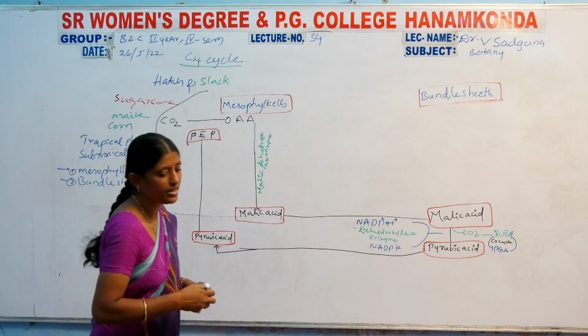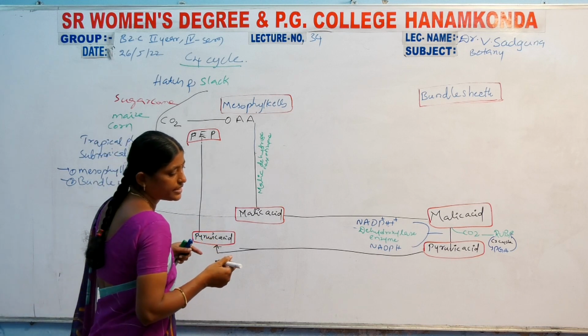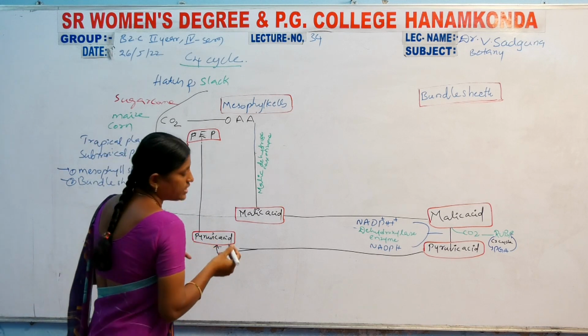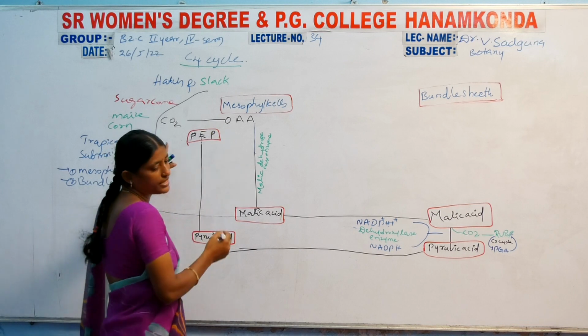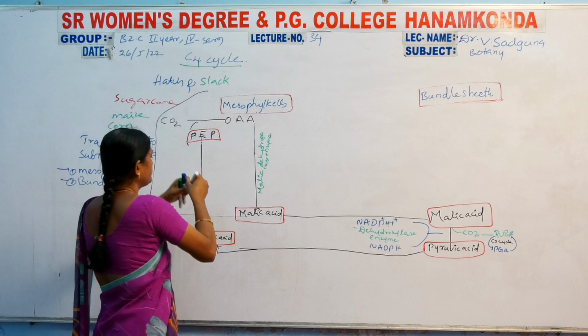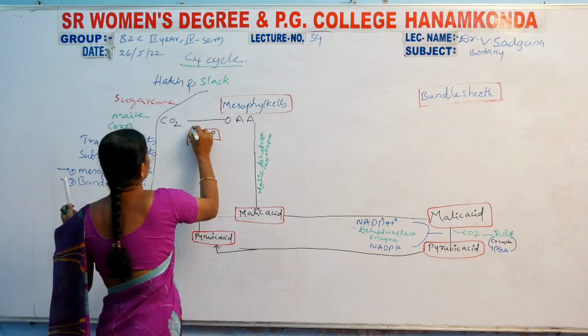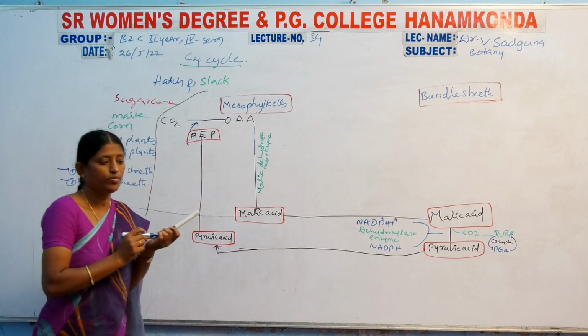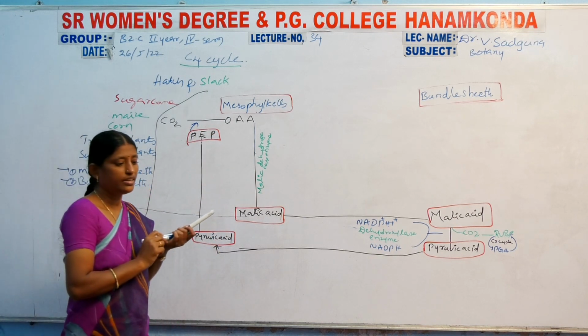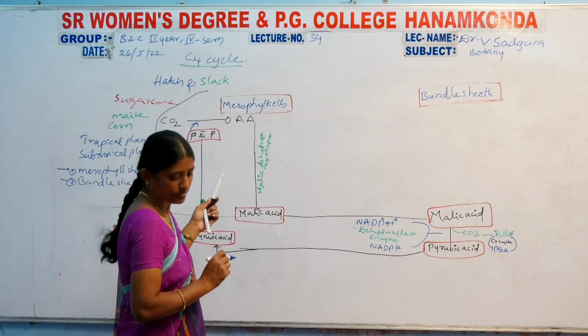So then this kind of phosphoenol pyruvic acid, then PEP carboxylase. This is the carboxylase.